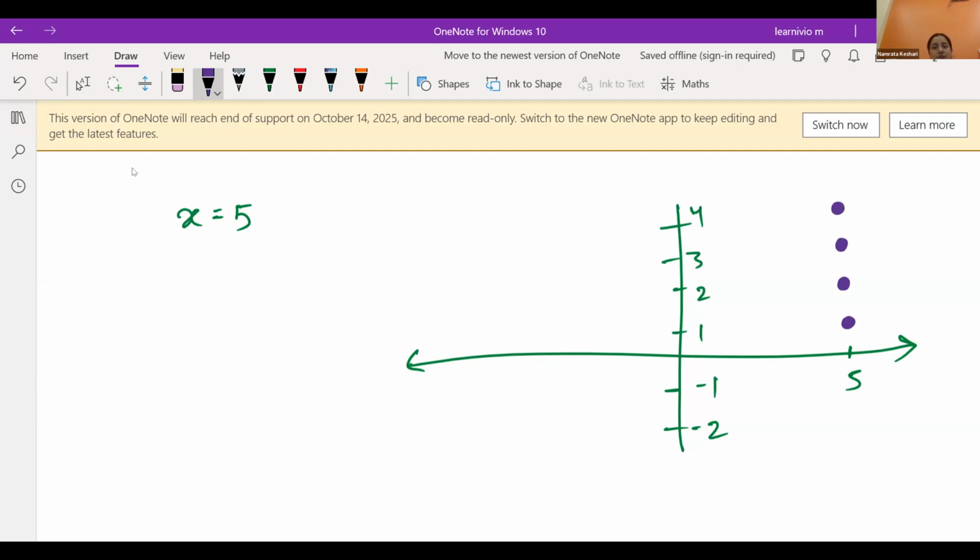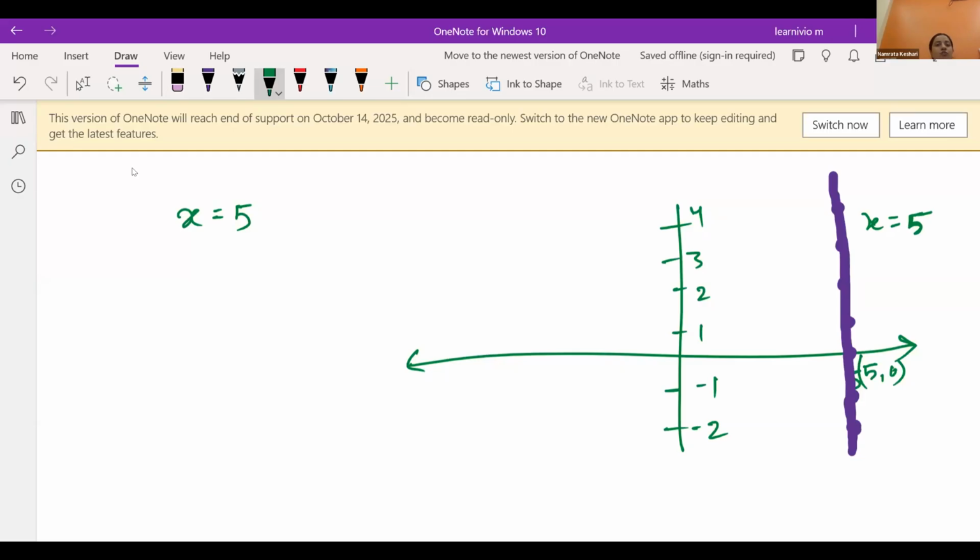When y is 4, x is 5. When y is 0, x is 5. When y is negative 1, x is 5. When y is negative 2, x is 5. And this will be the graph of x equals 5. Can you see? So this graph is parallel to y-axis, passing through the point 5 comma 0. Is it making sense?